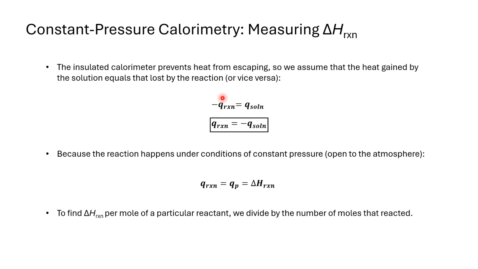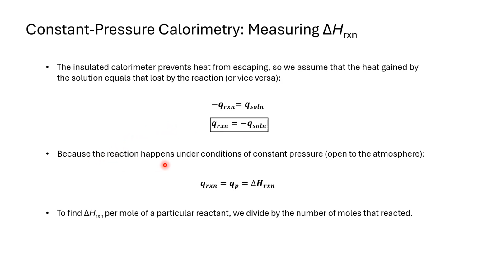So negative Q of a reaction is equal to positive Q of solution. But we can multiply this entire equation by a negative and get the other result, that the Q of a reaction is equal to negative Q of a solution. Both of these mean the same thing; we just move the negative over from one place to another, but the concept remains the same. With an insulated calorimeter that prevents heat from escaping, we can assume the heat gained by the solution equals that lost by the reaction, or vice versa.